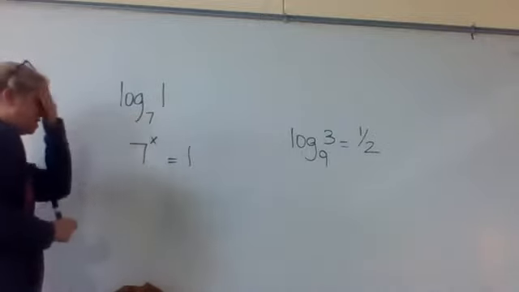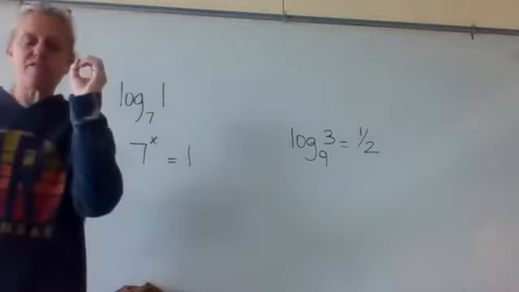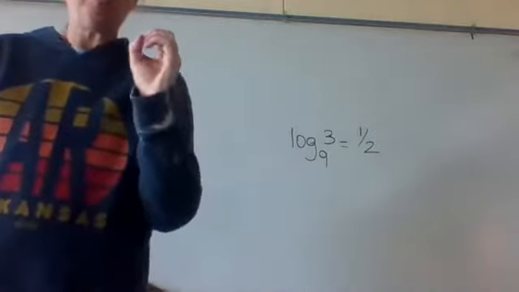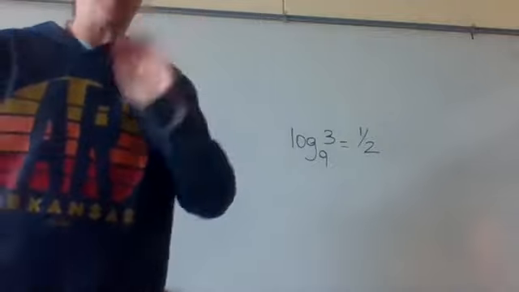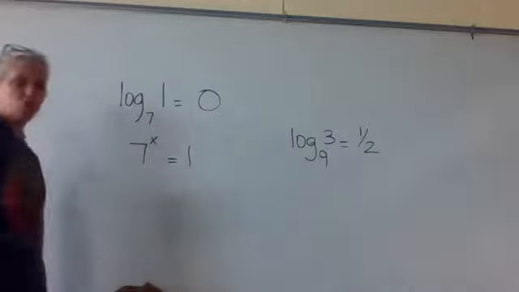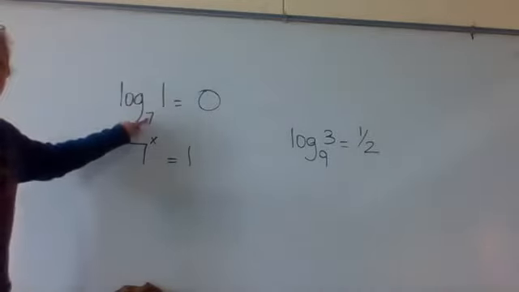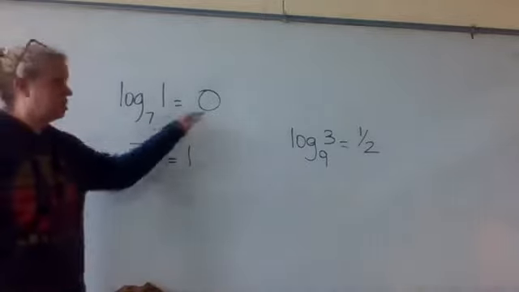Well, what are you going to have to raise anything to in order for it to equal 1? You're going to have to raise it to the 0 power, right? Anything raised to the 0 is equal to 1. So if this is a 1 right here, pretty much doesn't matter what this is. Your answer is going to be 0.